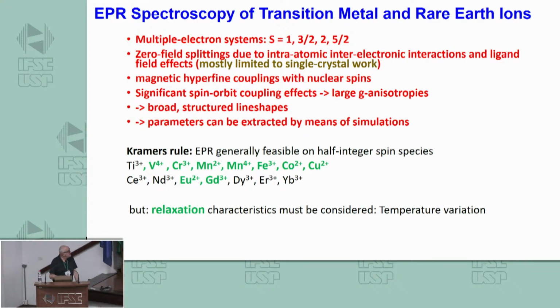Another thing we have to consider are the relaxation characteristics. Titanium 3 plus is a good example. Titanium 3 plus should be an uncomplicated case, but because of the electronic structure, the spin relaxation at room temperature is very fast.